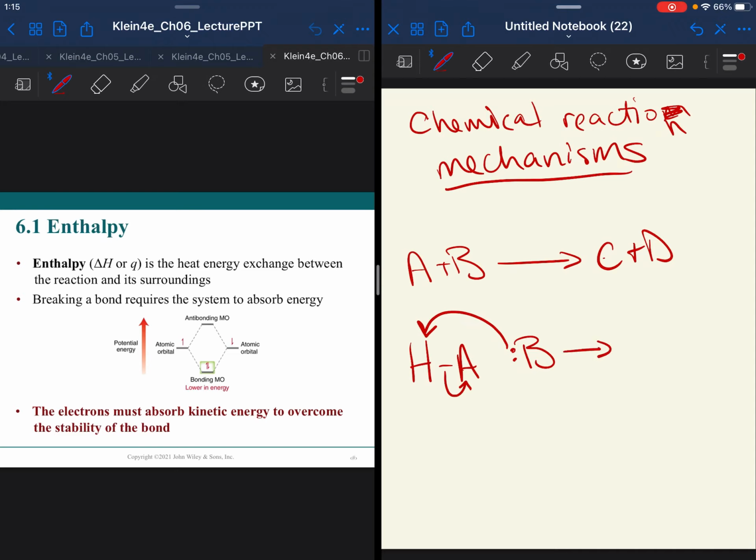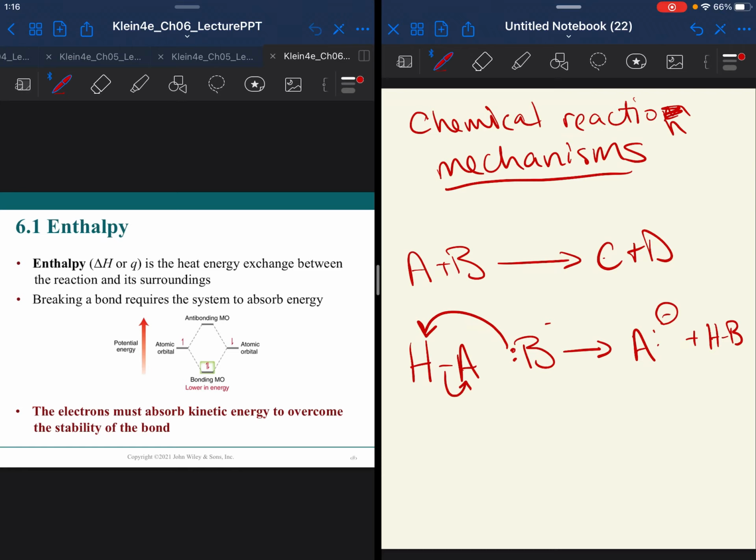This is a chemical reaction mechanism. The mechanism shows you how we get to our products by which bonds are breaking and which bonds are forming. Sometimes this can happen in one step, like in these acid-base reactions we've looked at, and sometimes it's multiple steps.